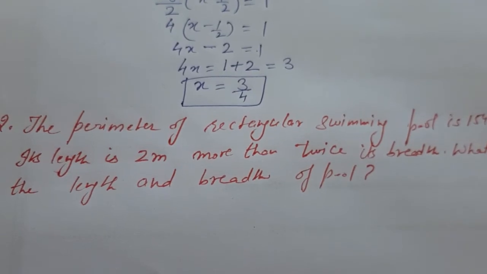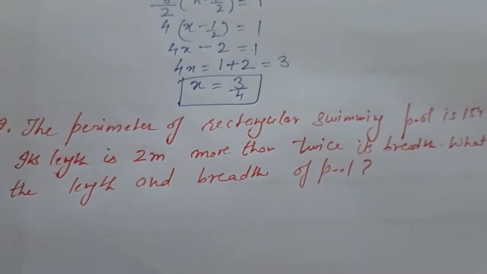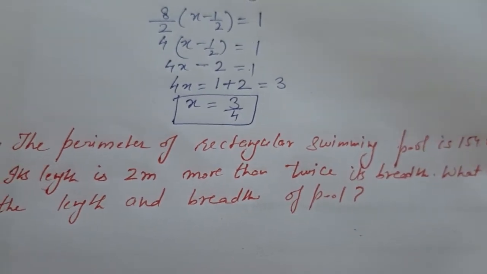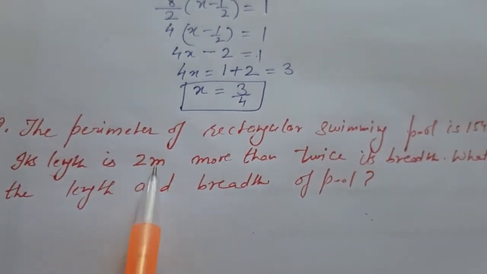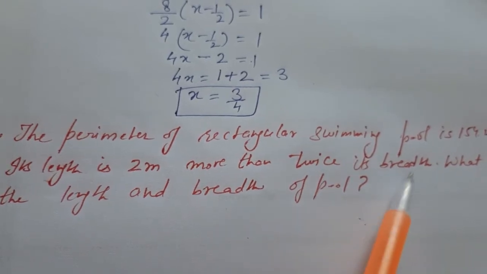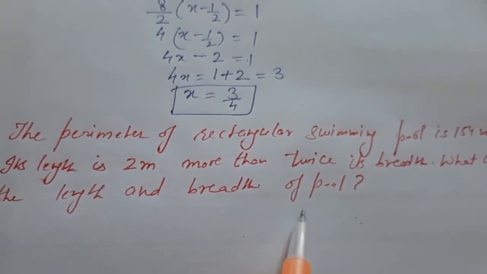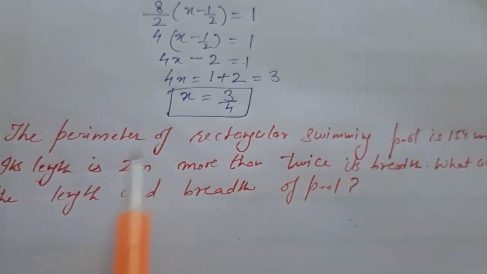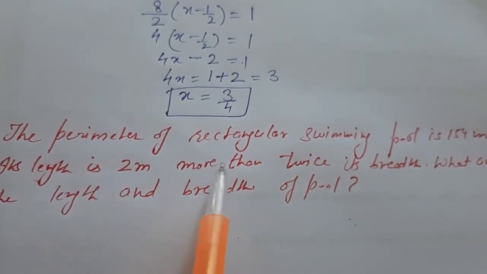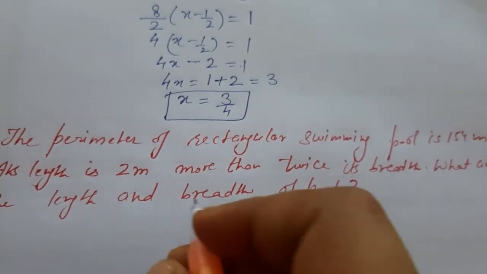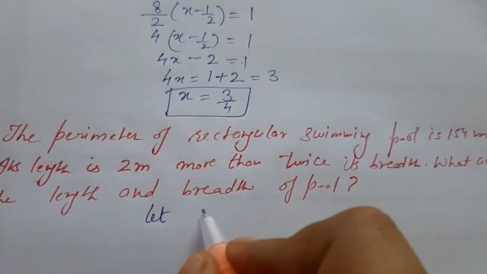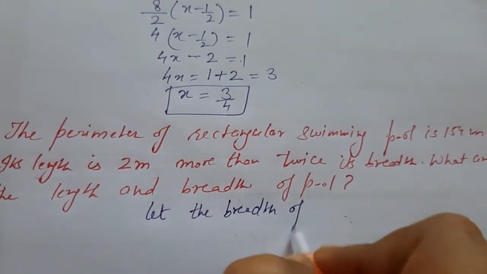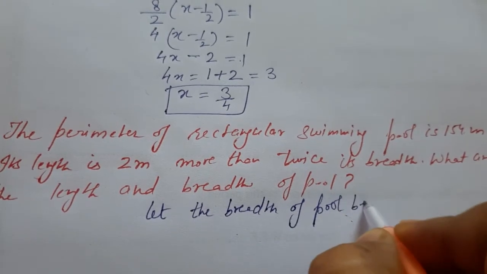Next question is, the perimeter of a rectangular swimming pool is 154 meter. Its length is 2 meter more than twice its breadth. What are the length and the breadth of the pool? So first of all, we will suppose, let the breadth of the pool be b.